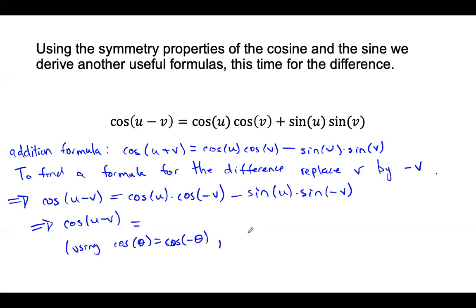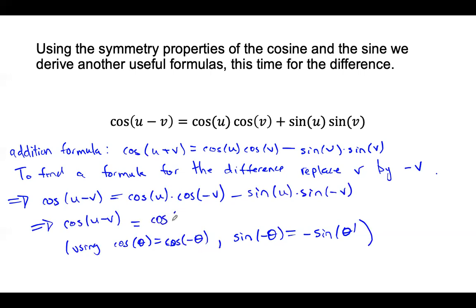And then we're also going to use sine of negative theta is equal to negative sine of theta. This is due to symmetry around the origin.